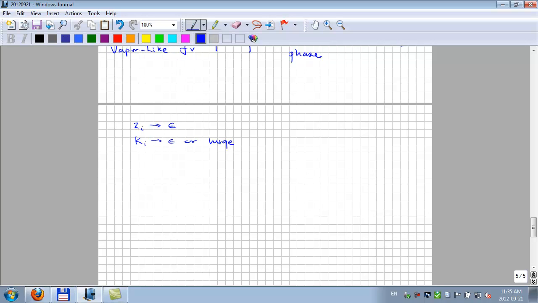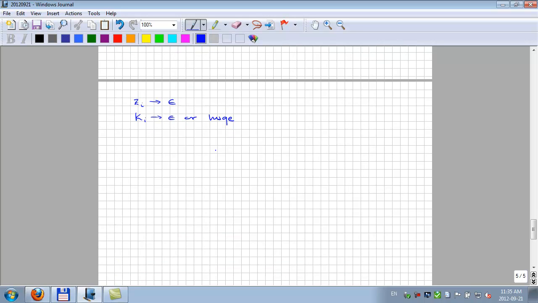The function itself can look something like that, like a chair seat. I'll try to sketch it for you.